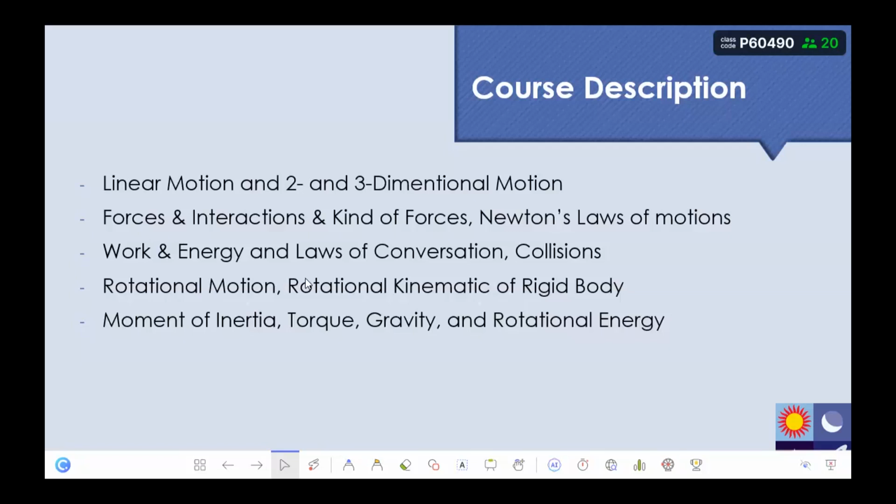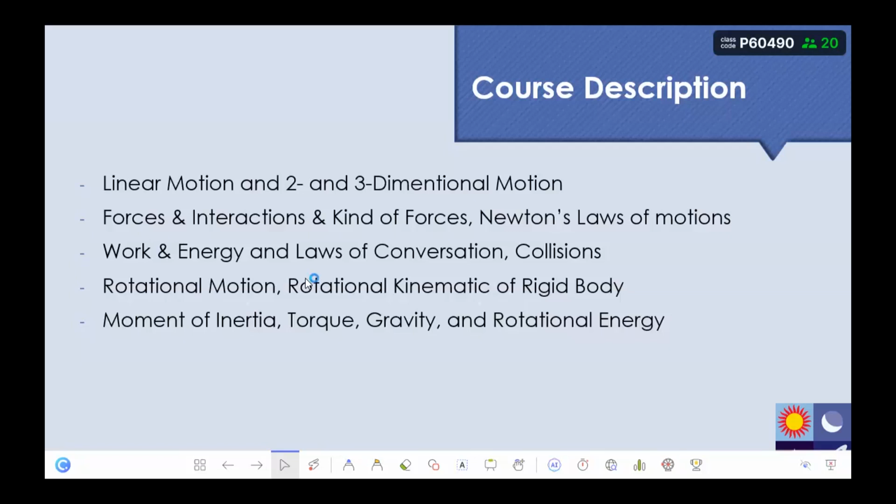But in the last two units, we will be analyzing the motion of this object as a real object. Because if this is a particle, it will have just linear motion. But if we consider this as a real object, it not only has linear motion, but rotational motion as well. Good?